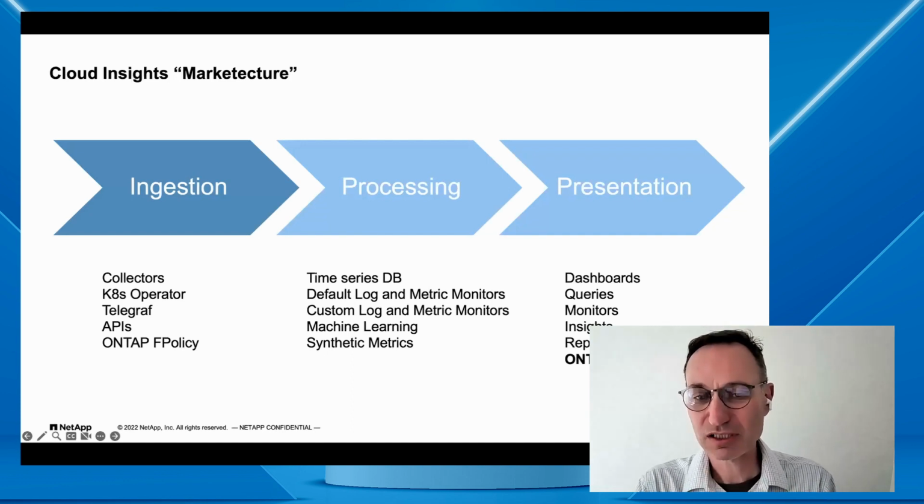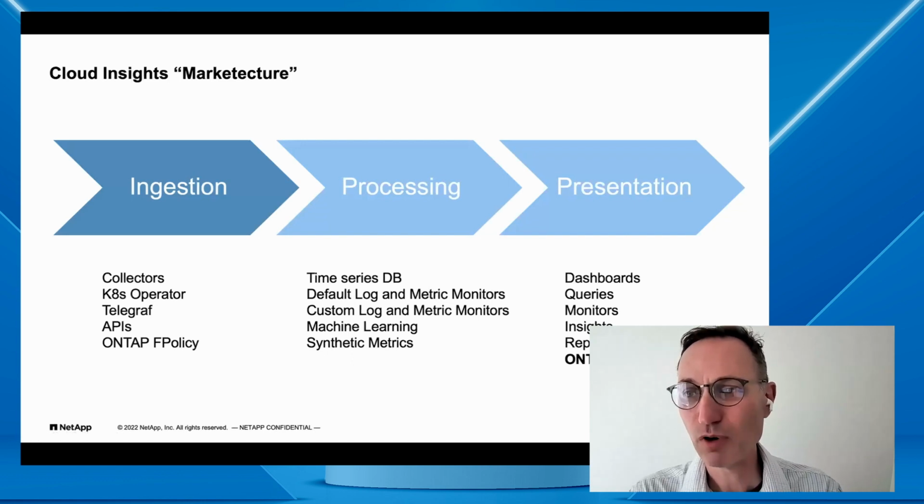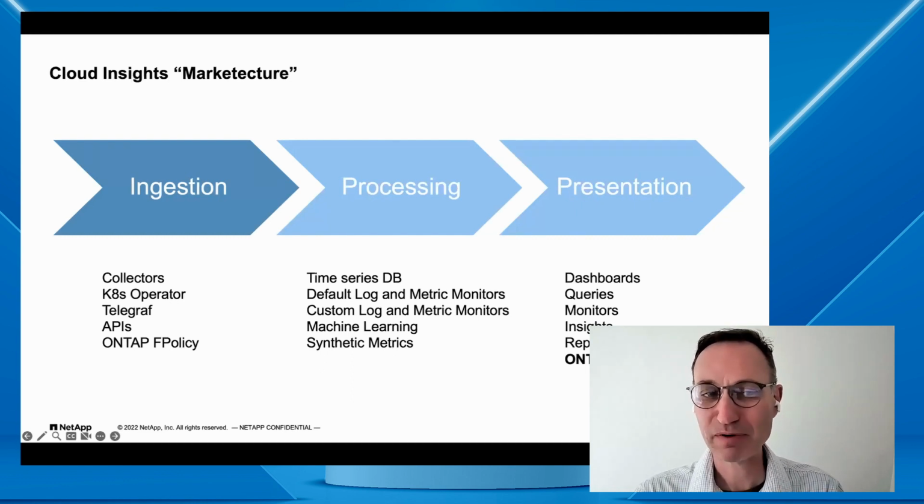The presentation is where you see the highlighted item of ONTAP Essentials. What we built out as ONTAP Essentials is an additional presentation layer that's custom built for the ONTAP professional. Everything else supporting ONTAP Essentials is standard Cloud Insights technology, now designed to answer the needs specifically of the storage admin managing and monitoring an ONTAP system.